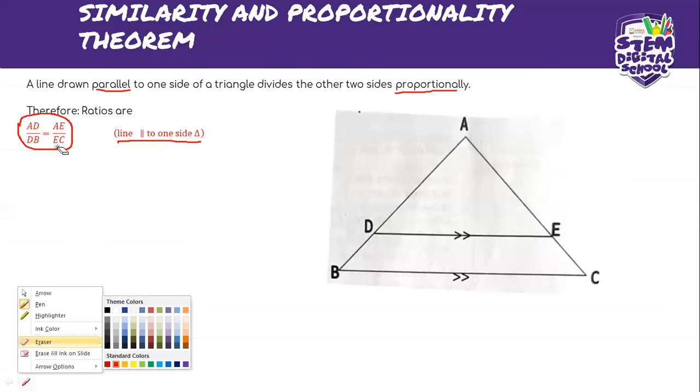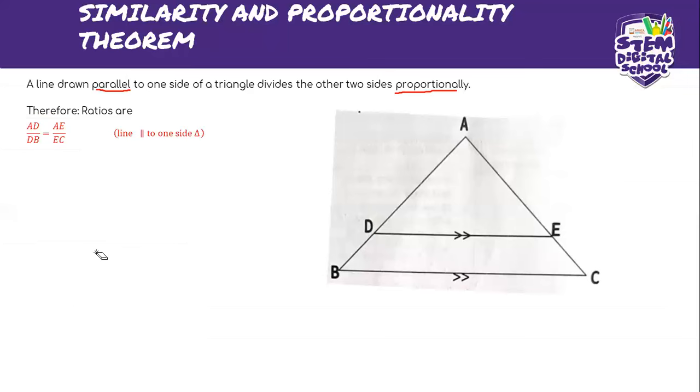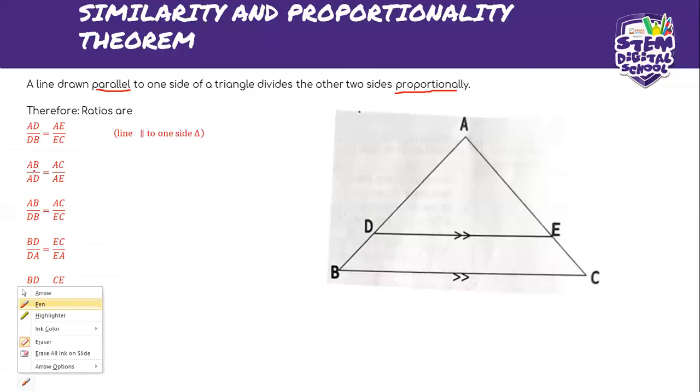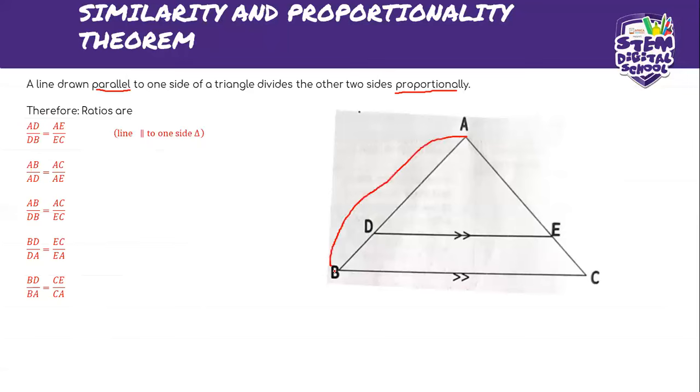And then you can also do this one. For instance, here we said AB, where's AB? This is AB divided by AD, where's AD? AD is here. Can you see that?